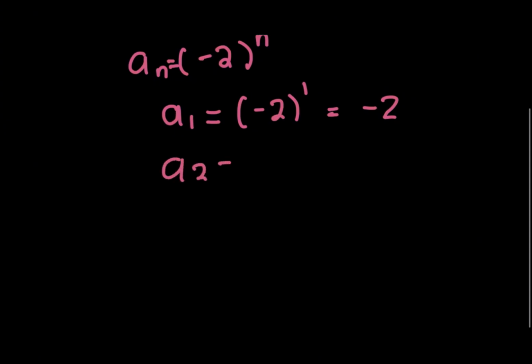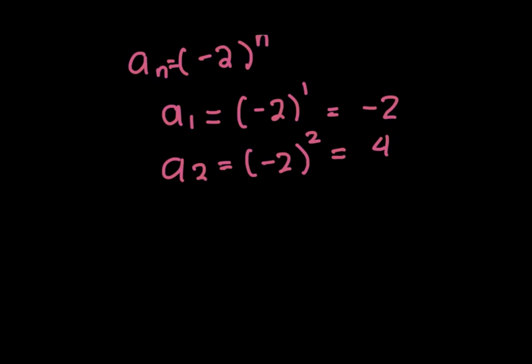Term 2, we have negative 2 to the second power, or negative 2 squared. If it's a negative 2 squared, it will become positive 4, because a negative times a negative is positive.